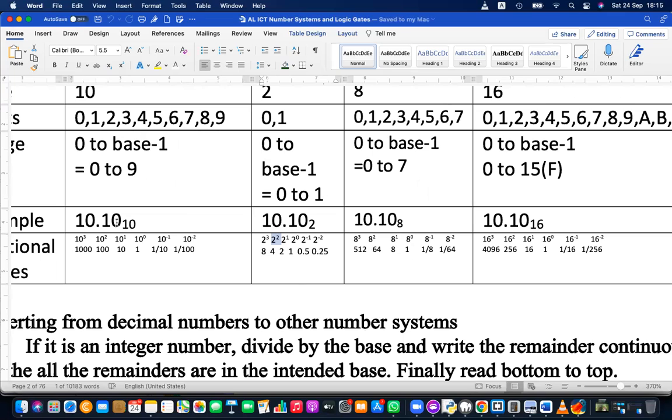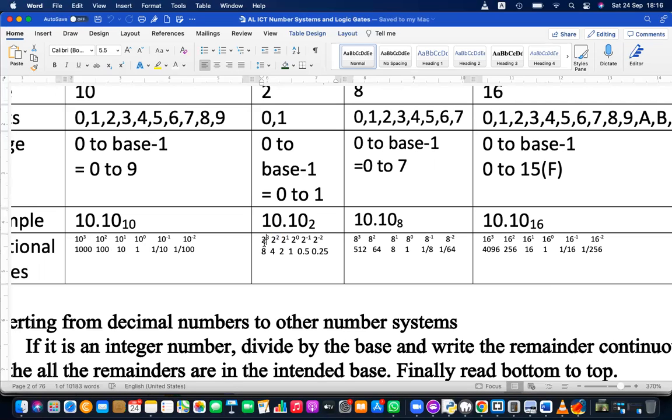What happens on the other side? When power decreases, it divides by the base. Power decreased by 1 here, so the value you need to divide by 10. 10 to the power 3 is 1000. Power decreased by 1, so 1000 divided by 10 is 100.